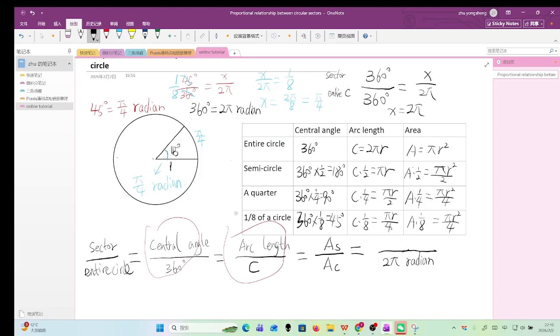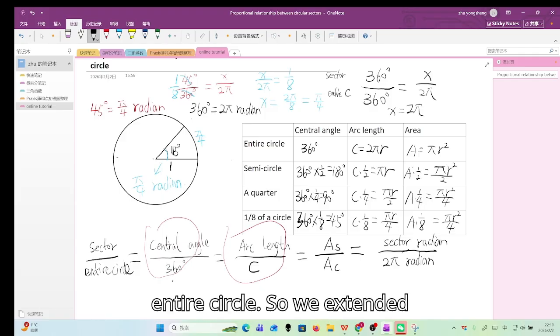So the ratio of the sector radian to 2 pi radian also represents the ratio of the sector to the entire circle.